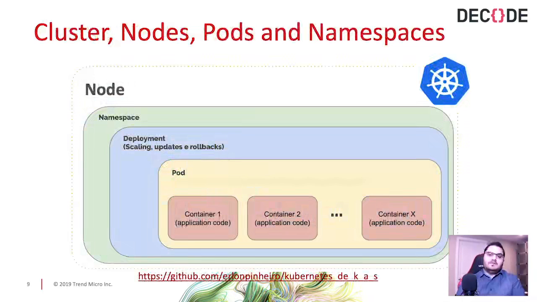So here we have the cluster, nodes, pods, and namespaces, right? As I said, the pod is an object inside the Kubernetes cluster. It's the smallest unit that you can have in your cluster. A pod is comprised of one or more containers, so it's not a one-to-one relationship.